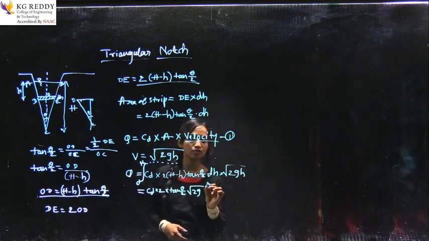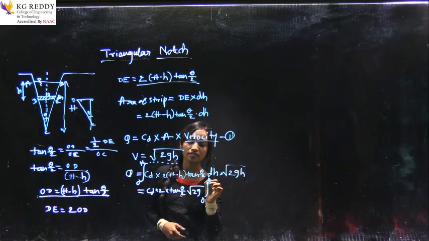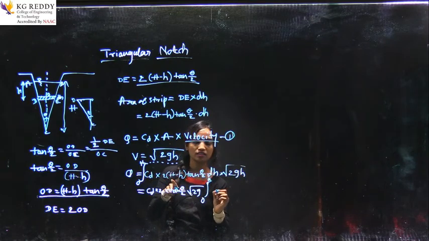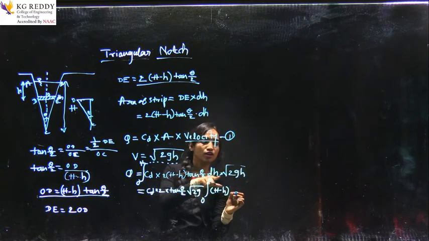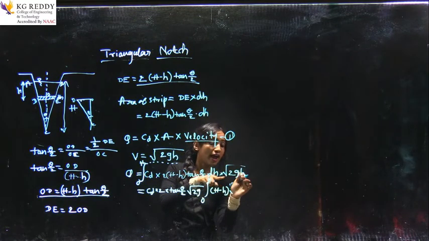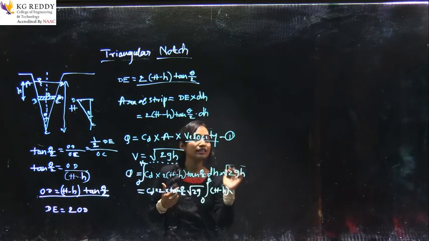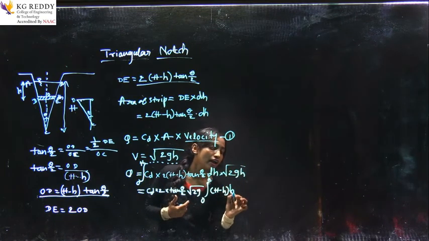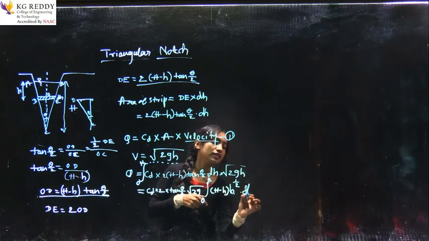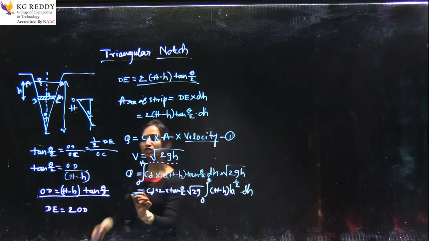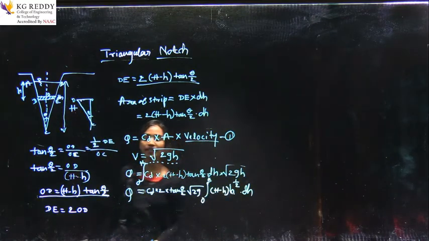What are the remaining terms? The integration from 0 to H of capital H minus small h into h root h. How can I write the root? That is the power 1 by 2, so I will write h raised to 1 by 2 with respect to dh. This is the discharge for the whole notch. Now we will integrate this part.